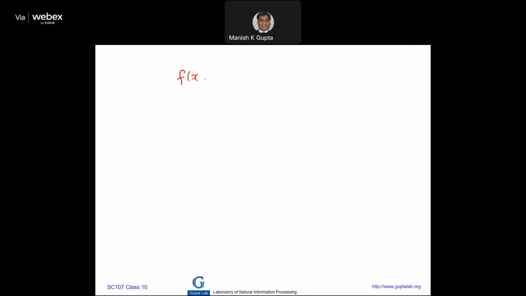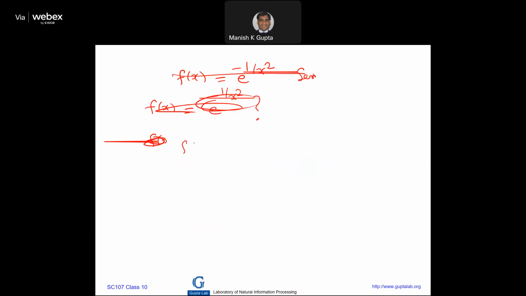Find the Maclaurin series for the function f of x is equal to e raised to power minus 1 by x square.